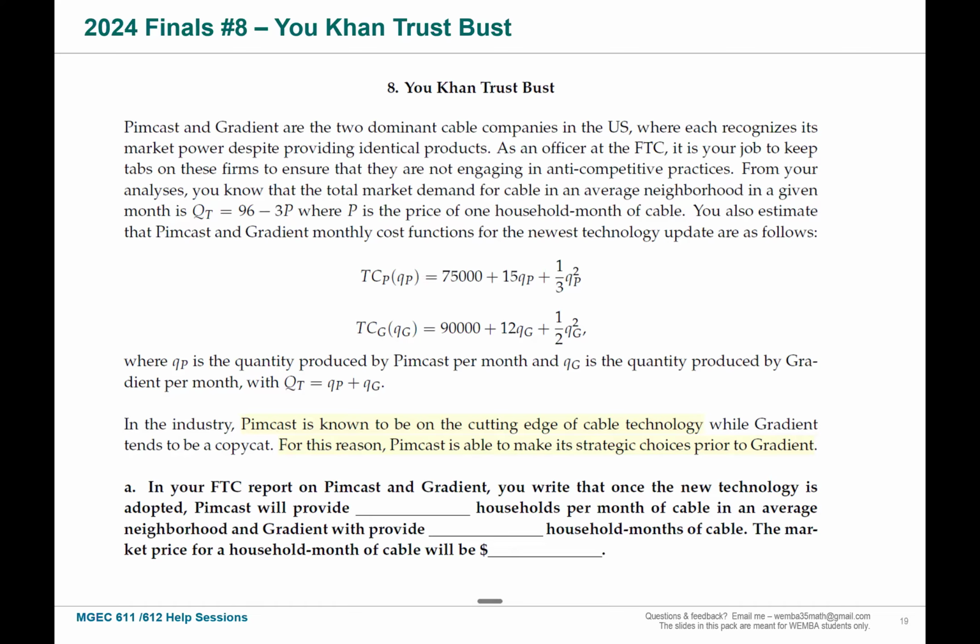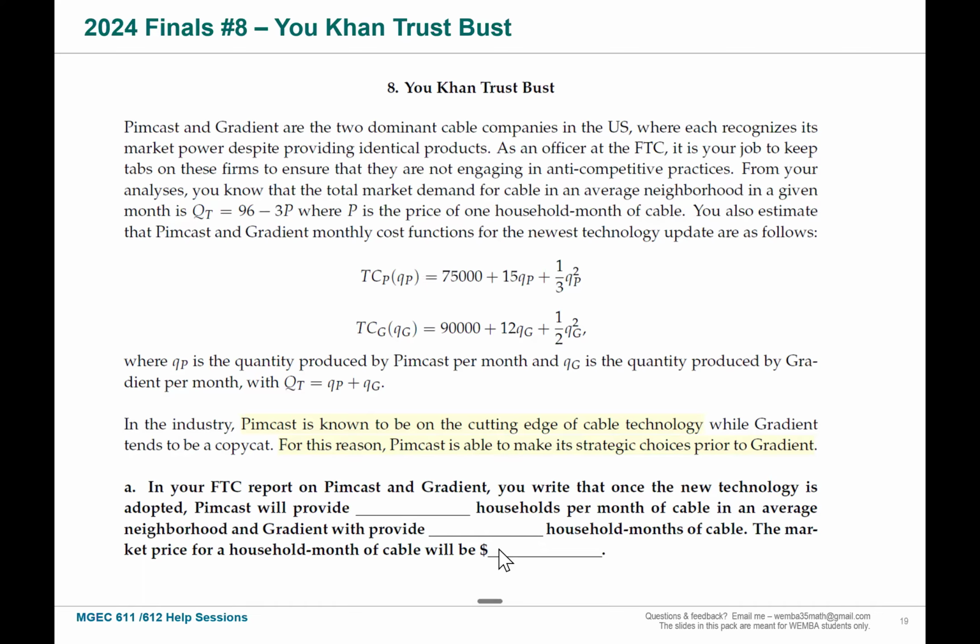From your analysis, the market demand for cable is given to you. The two firms' cost functions are given to you. In the industry, Pimcast is known to be on the cutting edge of cable technology, where Gradient tends to be a copycat. For this reason, Pimcast is able to make strategic choices prior to Gradient. In your FTC report on Pimcast and Gradient, you write that once a new technology is adopted, Pimcast will provide X households and Gradient will provide Y households, and the market price is P.